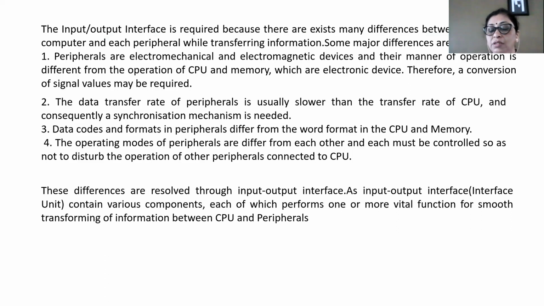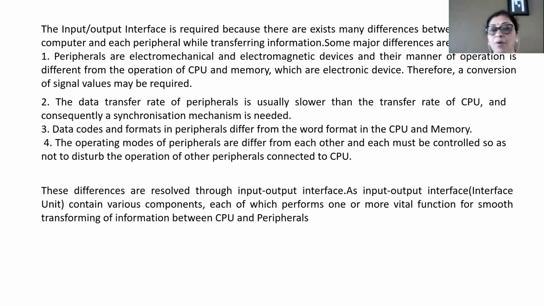The central processing unit is a digital electronic circuit, and it is dealing with only the values zeros and ones. But the way in which the keyboard, the monitor, or your memory is operating is different. So in order to bridge this gap, we need some intermediate circuitry. This is one reason why we need an interface.